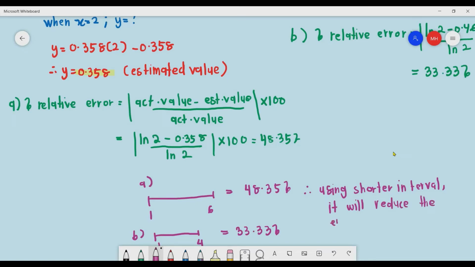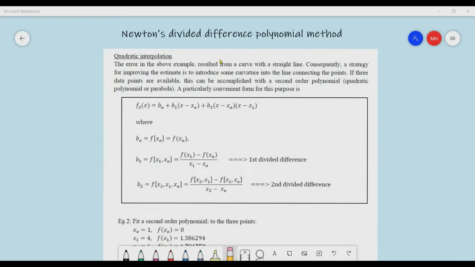So very easy, right? For linear interpolation, or first order, you just need to use the straight line equation. Now we go to the quadratic interpolation or second order, a second order polynomial using Newton divided difference.